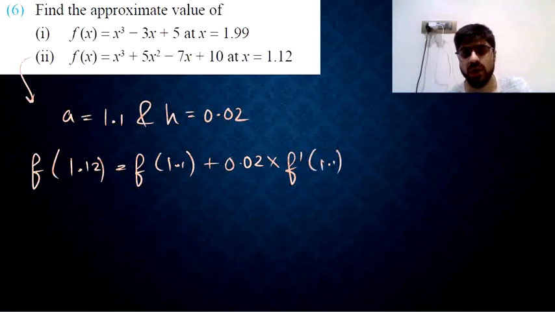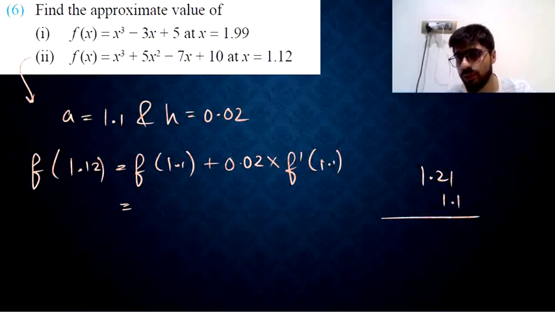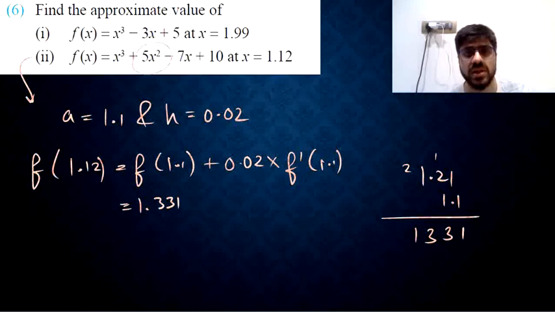f dash 1.1. Okay, so f of 1.1, that starts with 1.1 cube, and I'll have to calculate that. 1.1 square is 1.21 and 1.1 cube. So 11 into 1 is 11, carry 1. 11 into 2 is 22, plus 1, 23, so carry a 2. And yeah, this is going to be 1331, and the decimal comes after 3 places, so 1.331 plus 5 into x square, that is 5 into 1.21. 5 into 1.21, that's going to be what, 6.05.